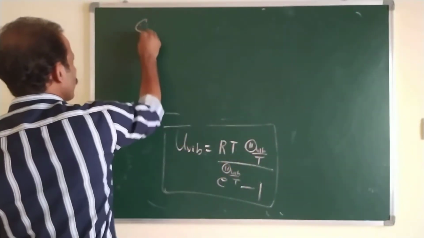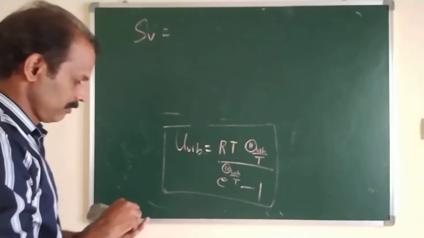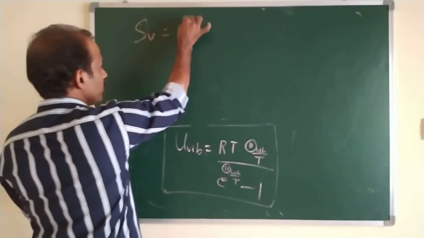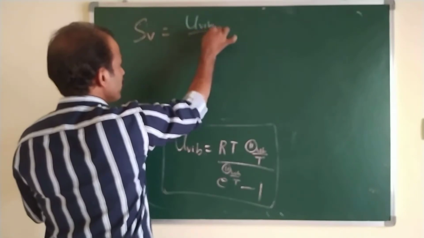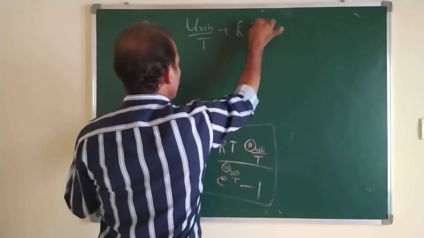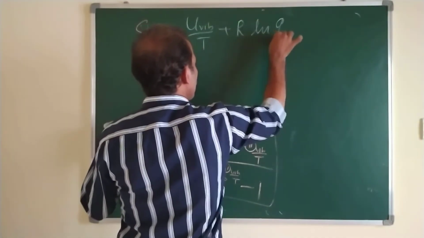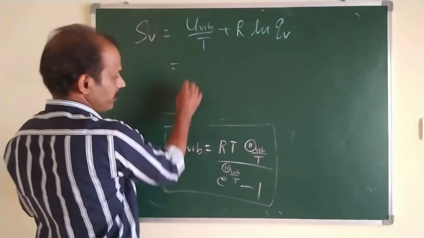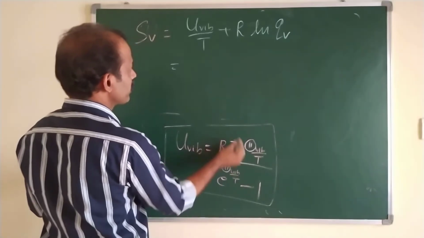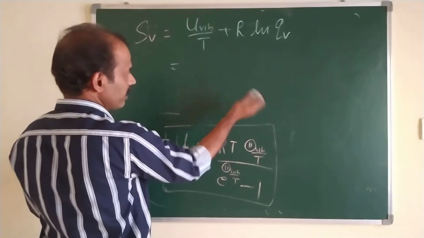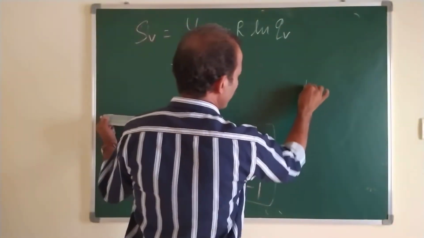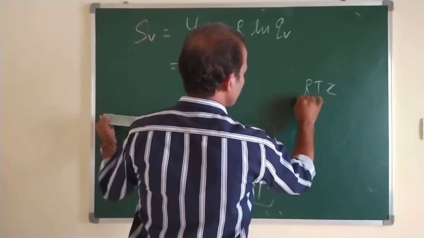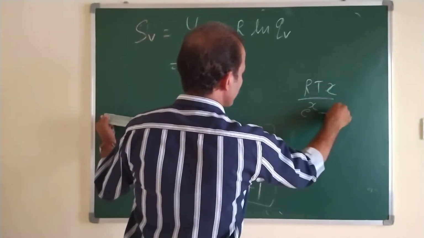Then vibrational entropy, SV, as we know, is equal to U vibration by T plus R ln q vibration. U vibration, from our previous equation, is RTx by e raised to x minus 1.